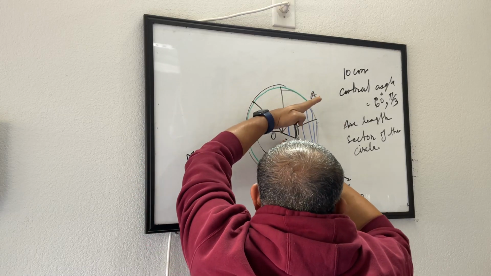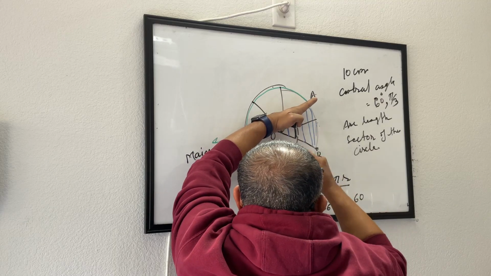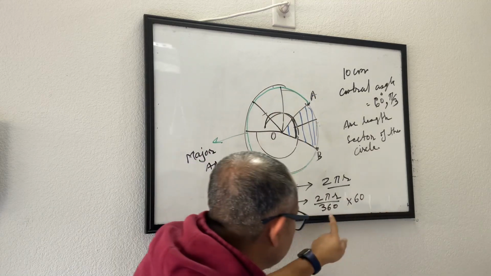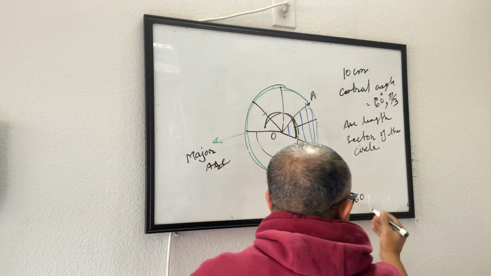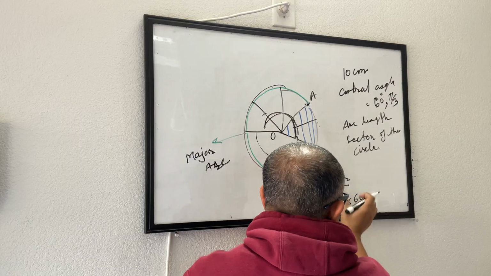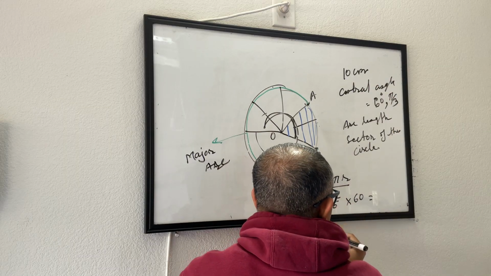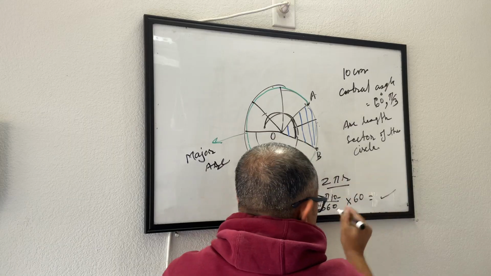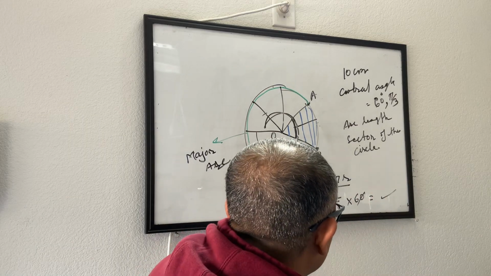Right now I am only looking at a piece of the pizza or a pie, and that is making only 60 degrees out of 360. So 60 out of 360 times the circumference will give you the arc length. You will replace r with the radius that is given, that is 10 centimeters, and whatever it comes out to be, you will find that as the length of the arc.